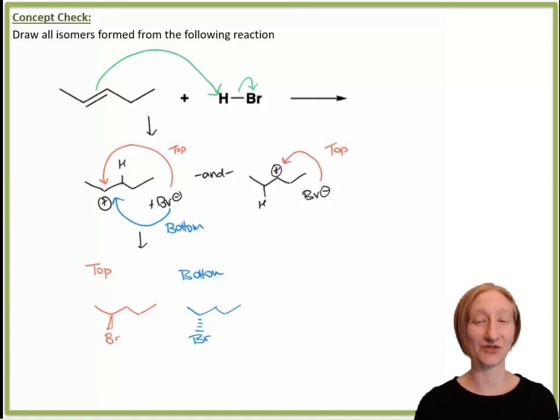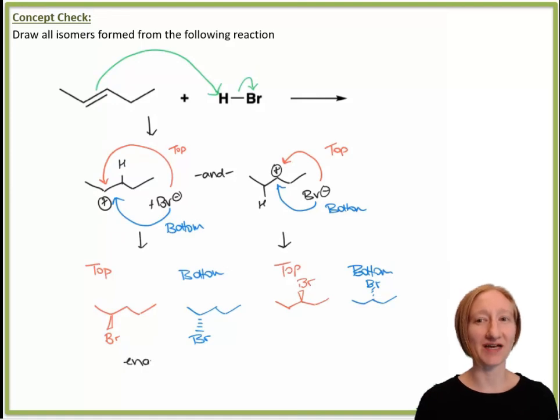For the second regioisomer, the bromide can also attack from the top or bottom face. And in this case, the two products drawn are the same. So overall, there are three isomers of the product that form in this reaction.